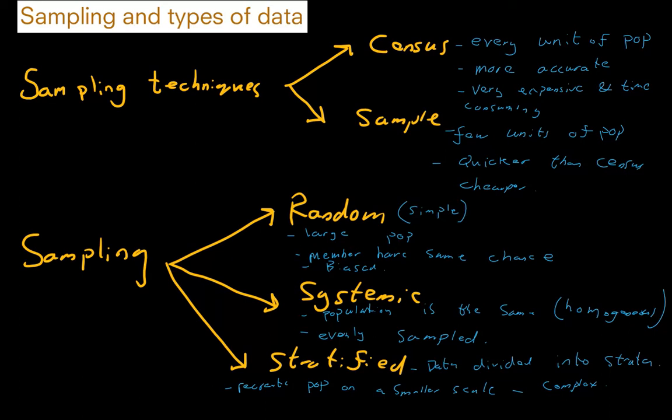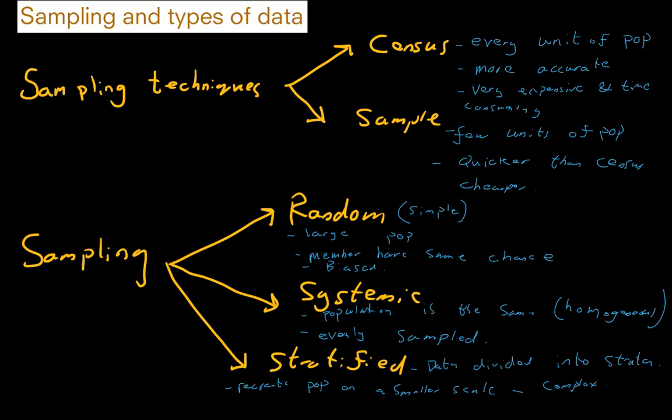Systemic, we use particular groups within that population which are the same, i.e. age groups. They could be different sex groups, male or female. They could be different income groups.